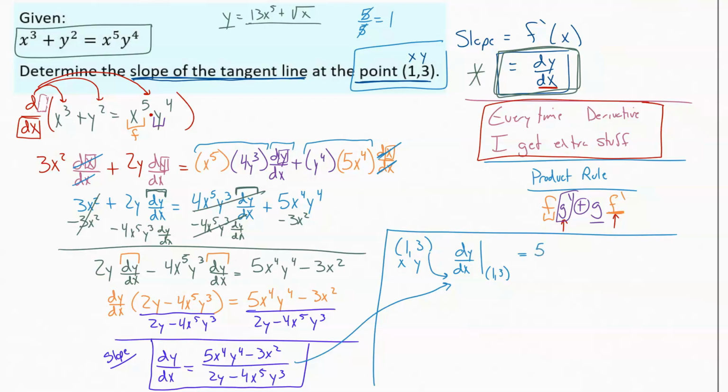So we get 5 times 1 to the fourth times 3 to the fourth minus 3 times 1 squared, over 2 times y, which is 3, and then minus 4 times x, which is 1 to the fifth, times 3 to the third. And so from there, simplify it by hand if you can, put it into your calculator if you need to.